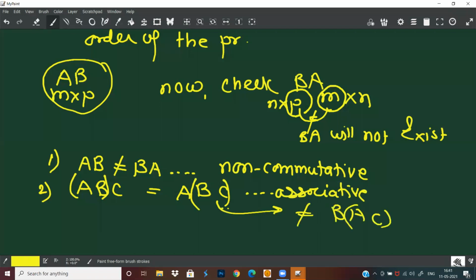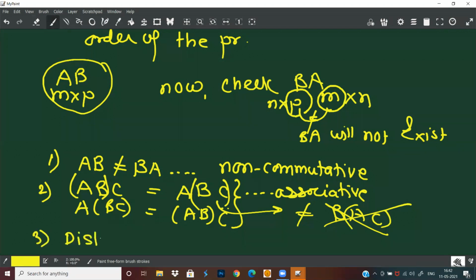I cannot change the order: A after B, B after C. A into BC or AB into C, understood? So it is associative but not commutative. AB is not equal to BA, but in associativity what is important is we do not change the order.